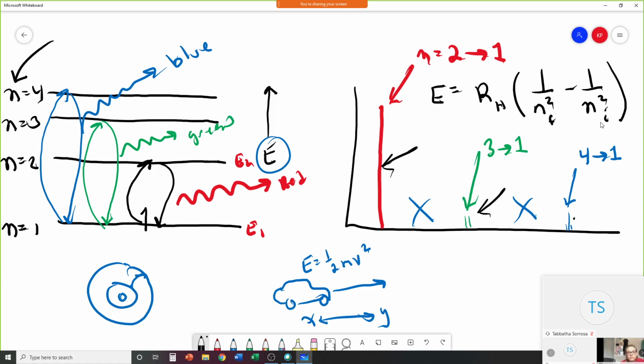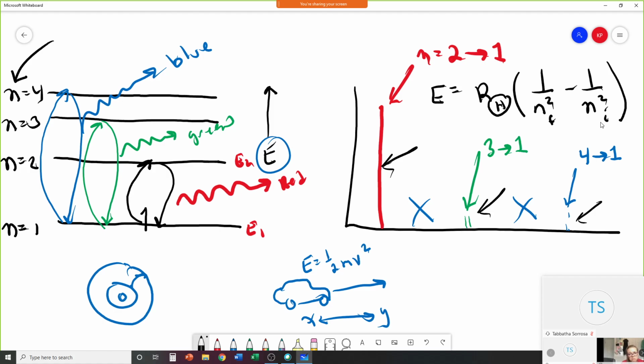You get the numbers. And in fact, R sub H, you see that H there? That constant is an experimentally determined constant. Now for the hydrogen atom, R sub H, I won't put it down, you can look it up, it's in the back of the textbook, it's called the Rydberg constant, it's a number, all right? That number is one of the best known numbers in science.